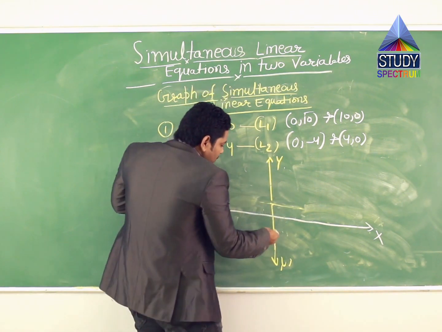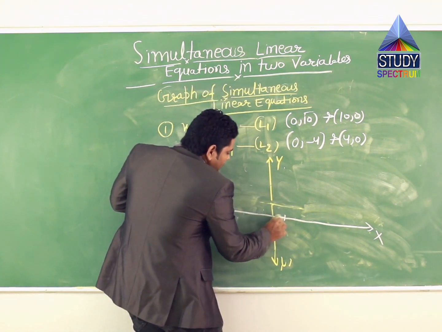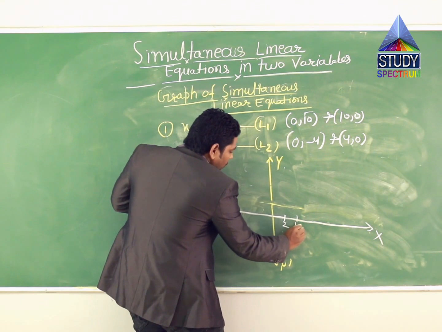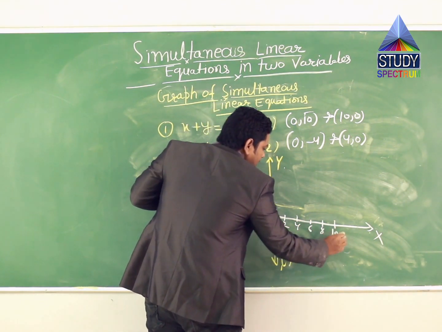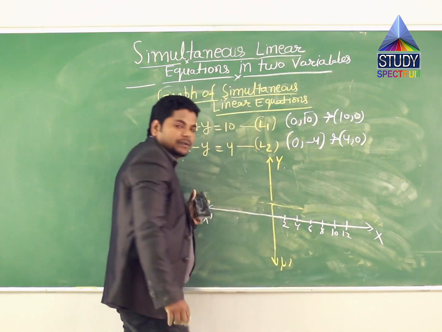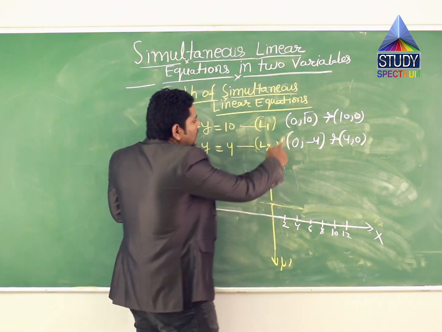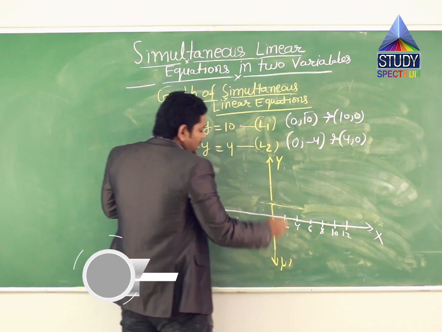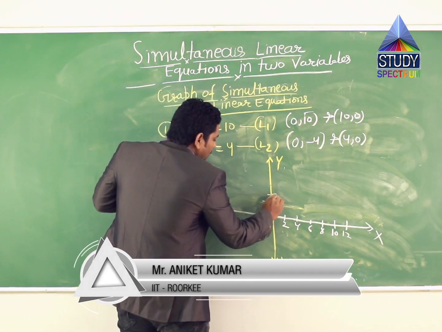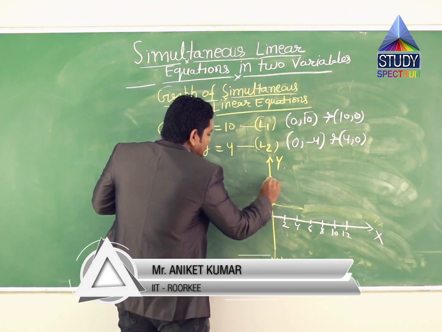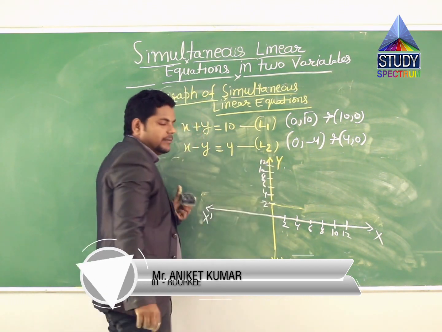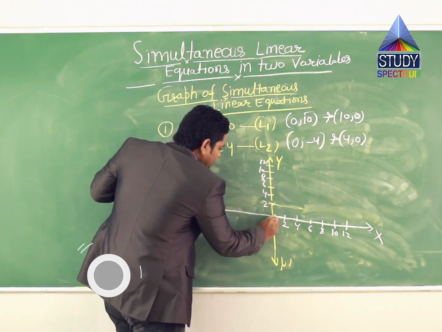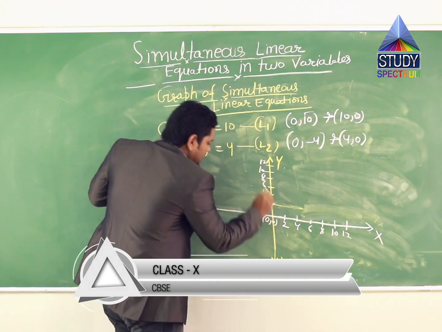So for this we will take 2, 4, 6, 8, 10, 12. Okay. Now in y we also move till 10, so 2, 4, 6, 8, 10, 12. This is the origin 0, 0.